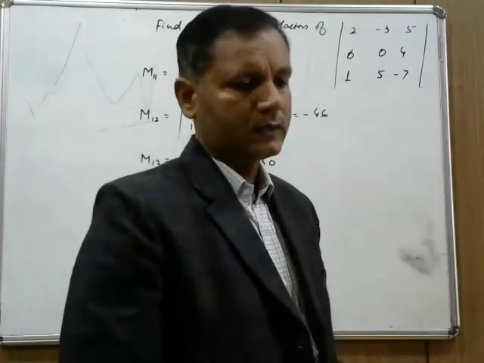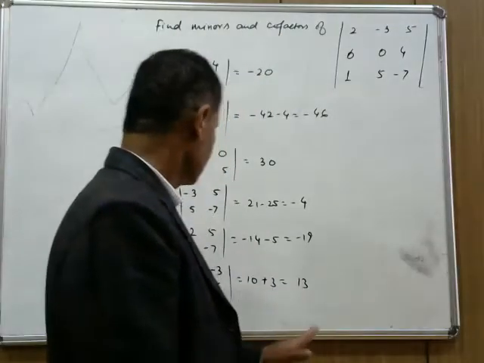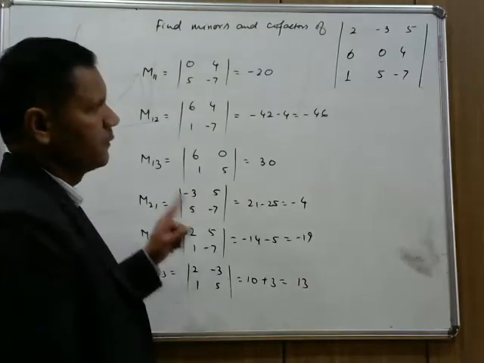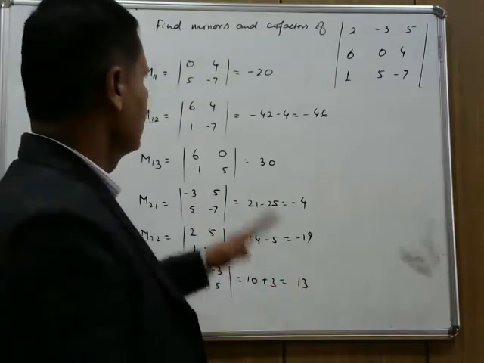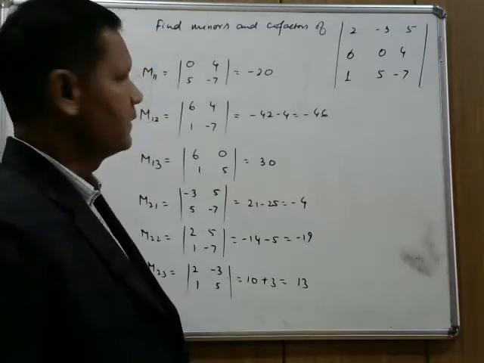But before I go for the minors, I would like to write the cofactors. Okay, before I go for writing the minors for the third row, I will write the cofactors here, so that if I rub it, then also we don't have any problem.